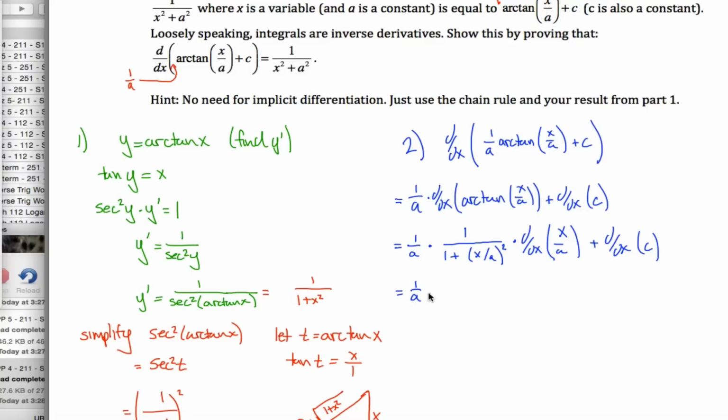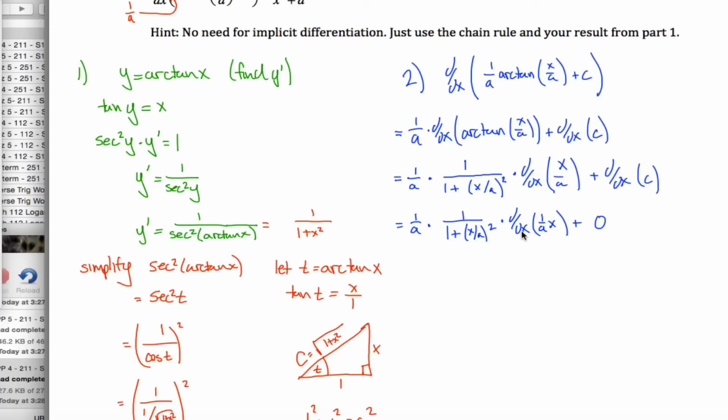1 over a times 1 over 1 plus x over a squared times the derivative of 1 over a times x plus the derivative of a constant, which is just 0.